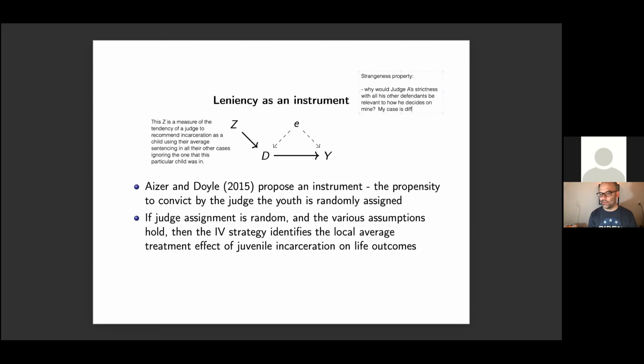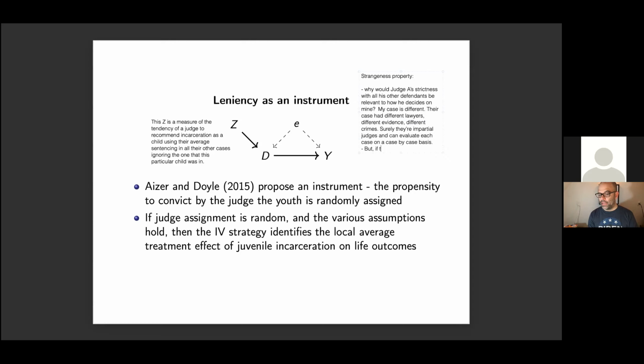My case is different. Their case had different lawyers, different evidence, different crimes. Surely they're impartial judges and can evaluate each case on a case-by-case basis.